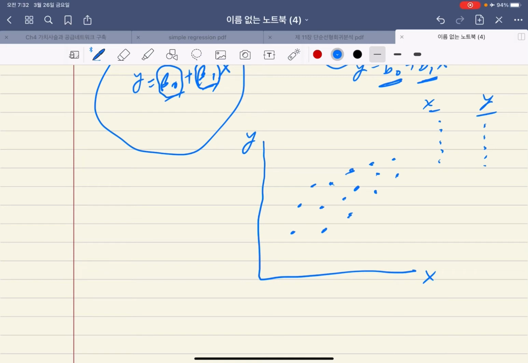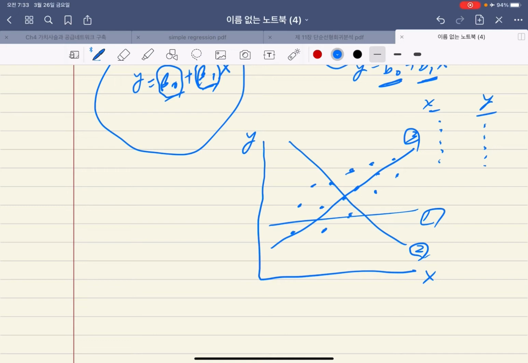There can be many lines which go through these data points, right? For example, you can have a line like this, and you can have a line like this, or you can have line like this, right? There are other lines, right, which go through these data points, right?